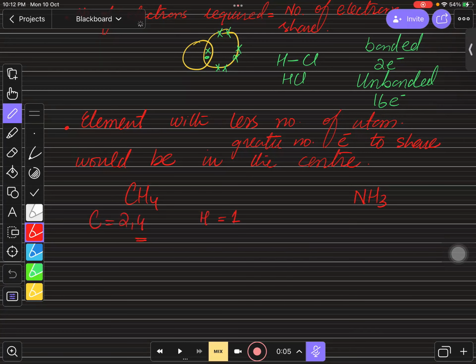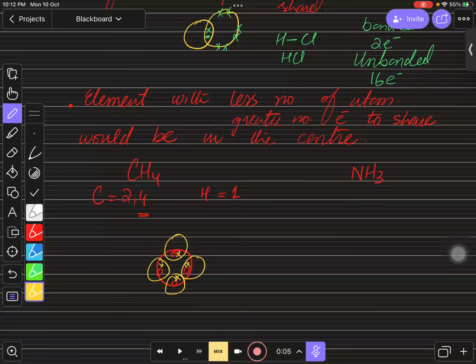So hydrogen needs to share only 1 electron, and carbon needs to share its 4 electrons. The atom with the greater number of electrons to share will be in the center, so carbon will be in the center, and 4 different hydrogens will each share 1 electron with the carbon. Carbon is bonded with hydrogen over here, over here, over here, and over here.